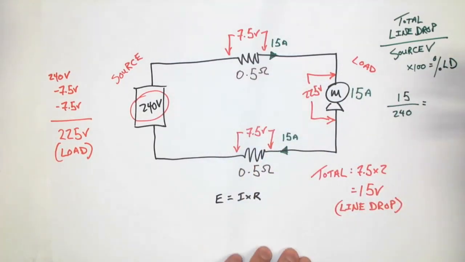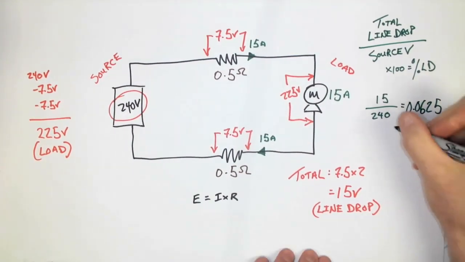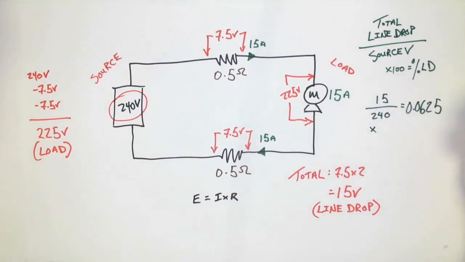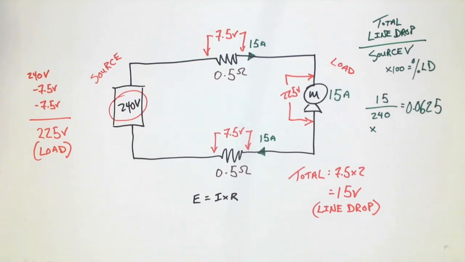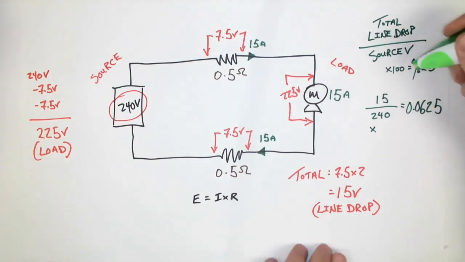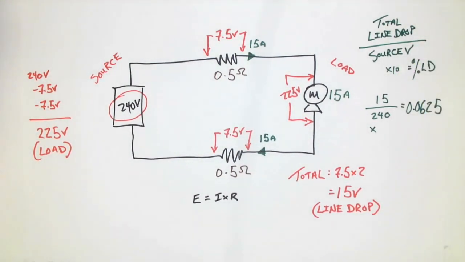0.0625. And I want that in a percent, right? I need that in a percent. So really multiply by, well, not by 100. Sorry, that's my mistake. Oh no, it is.